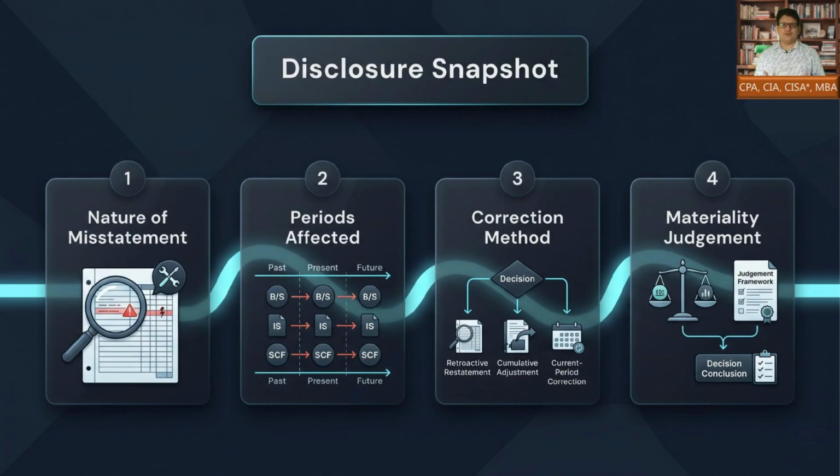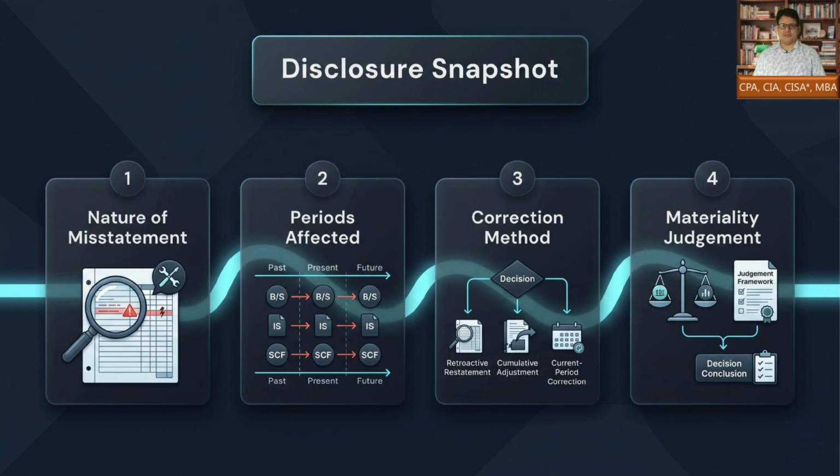Disclosure is part of the judgment story. When a misstatement is corrected, users need to understand what happened, which periods were affected, and how management reached the conclusion. The notes should describe the nature of the misstatement, including the account affected and how it arose. They should identify the periods and line items affected across the financial statements.